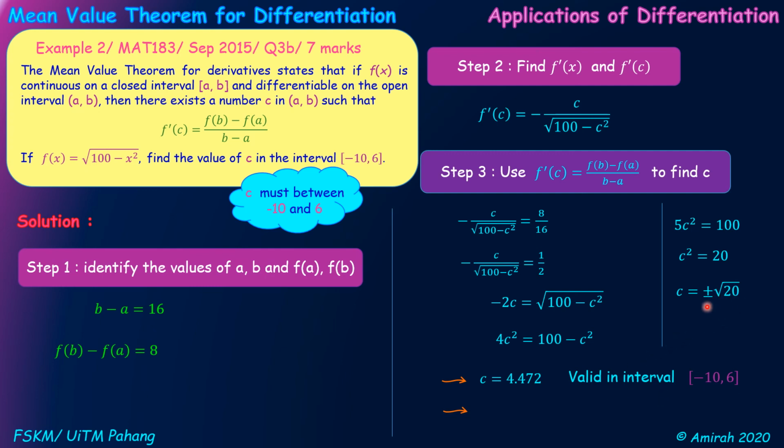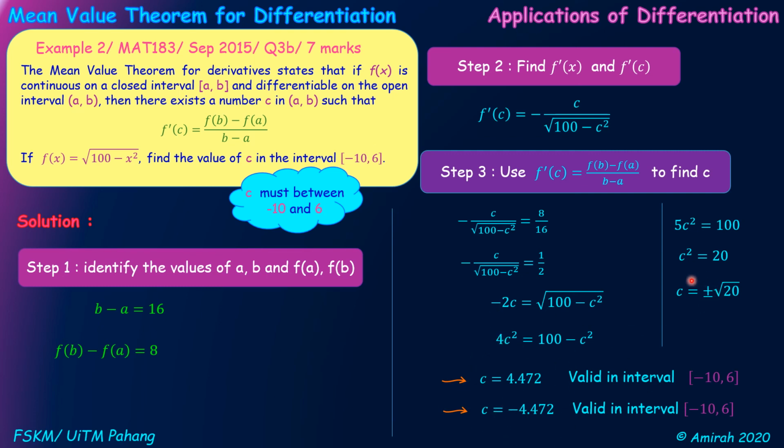And then for the second value, c equals negative square root of 20, which is negative 4.472. We compare with the given interval here. c must be between negative 10 and 6, and negative 4.472 is also valid in the interval negative 10, 6. So we have two values of c here.